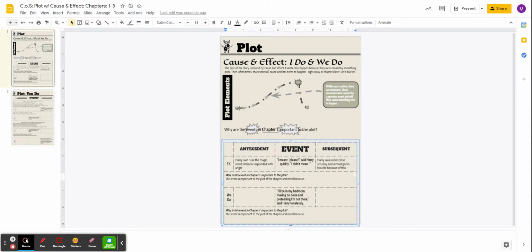So why is this event important to the chapter? Well, we're going to take our subsequent understanding of an event and fill that in. So this event is important to the chapter and the novel because Vernon is now closely watching Harry for any signs of magic.